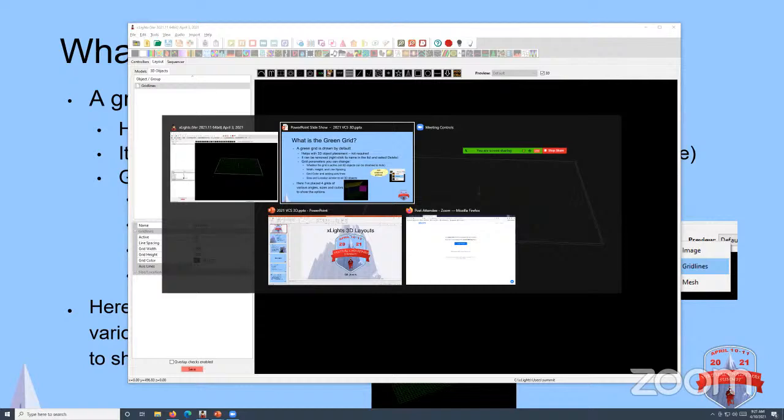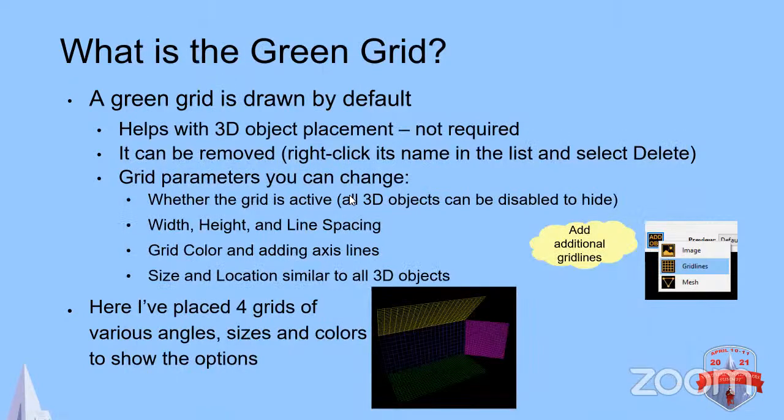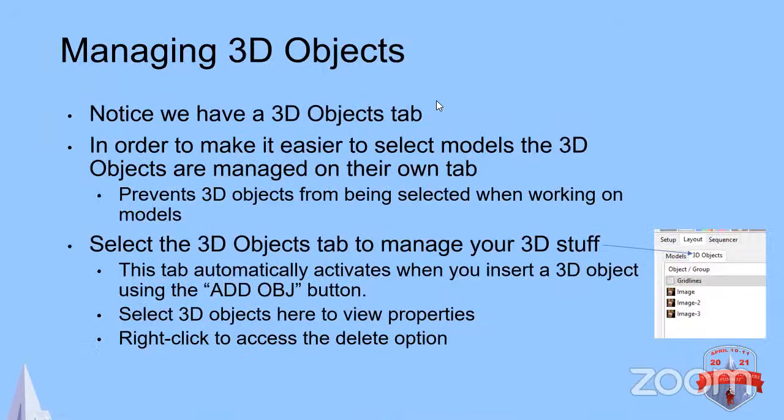And let me go back to the presentation. So I just went over this, but we do have a 3D objects tab and a models tab. The reason I did it like that was if I started mixing 3D objects and models all in one space, it was going to be hard to figure out, do you want to select your house or the model in front of the house?